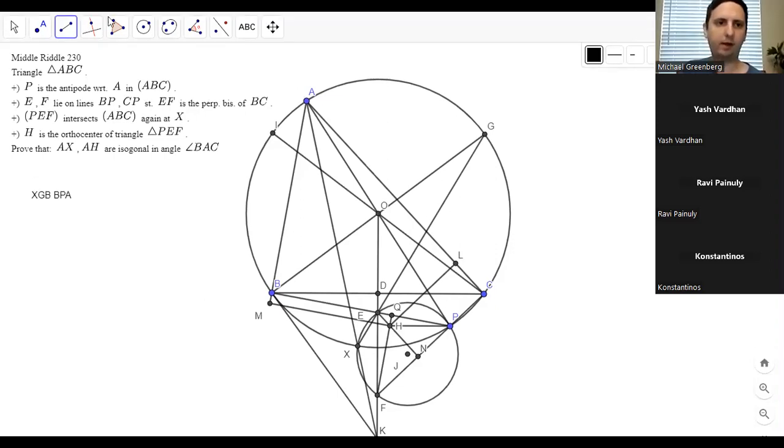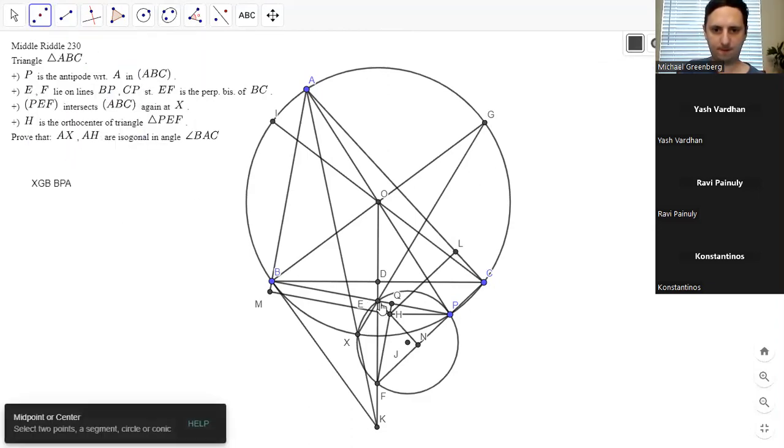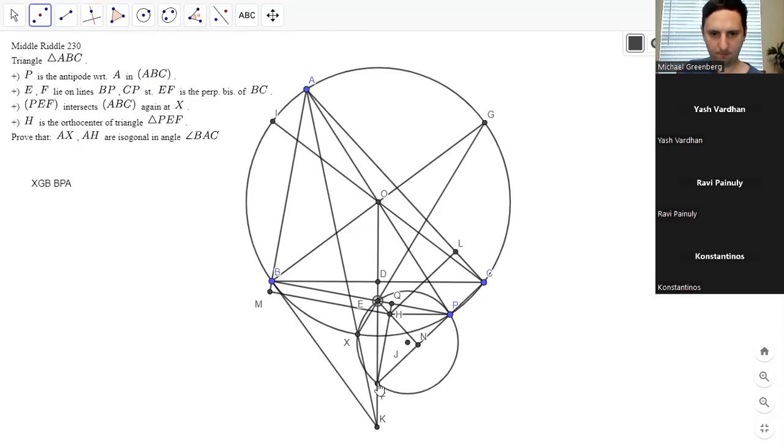The midpoint of EF, okay. We call that R.